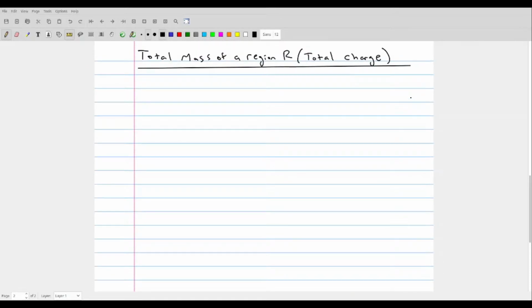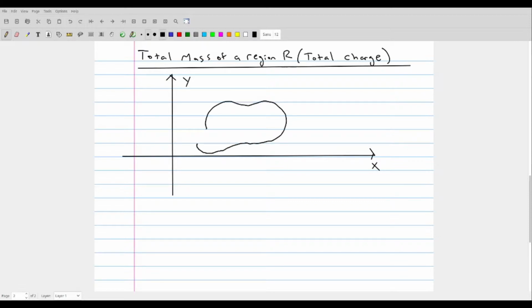The main idea here is that we're going to think of having, in general, some region in two-dimensional space, and we'll call that region R. In any region like this in two-dimensional space, we very often call it, and we do call in applications, a lamina. And that just means you can think of a flat plate in 2D.